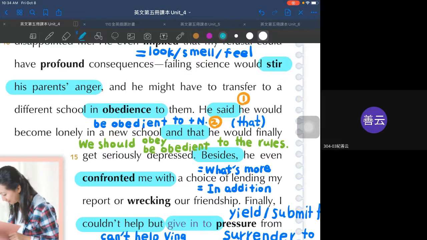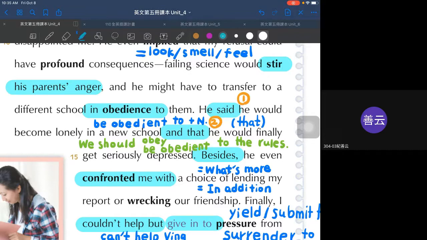He even kind of asked me to face the conflicts. So here we have 2 conflicts, right? We have two situations for the person to choose. What are the two situations being chosen here? What are the choices we have here?